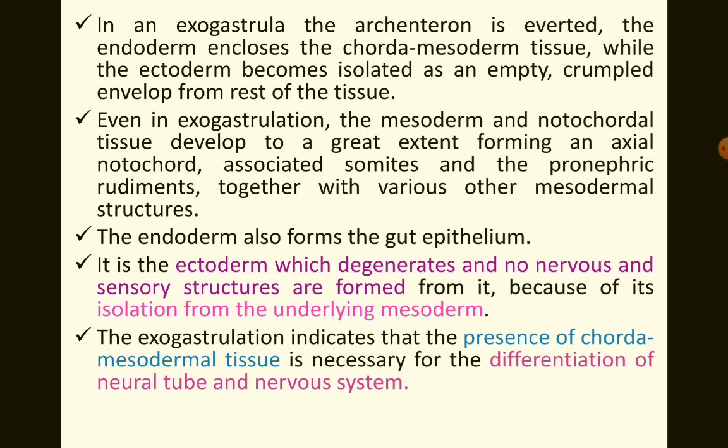So this shows that mesoderm is very much necessary for the ectoderm to form its future forming areas. So as a result, the nervous system is not formed, and because of this the process of gastrulation is very important, so that all these three germ layers go and occupy their destined places.